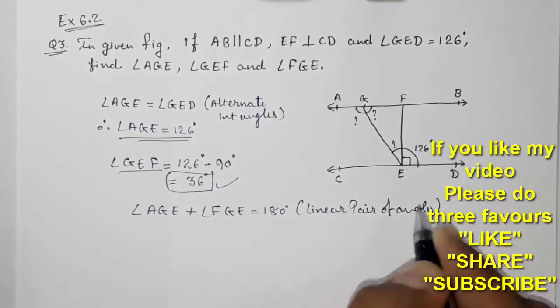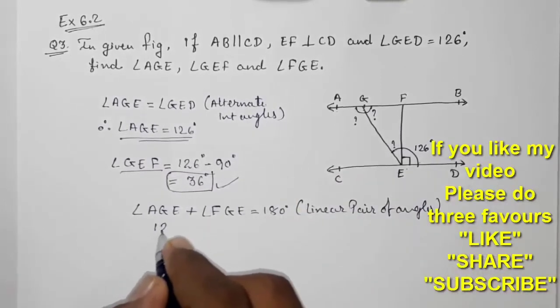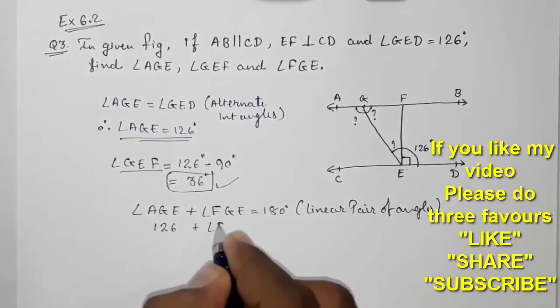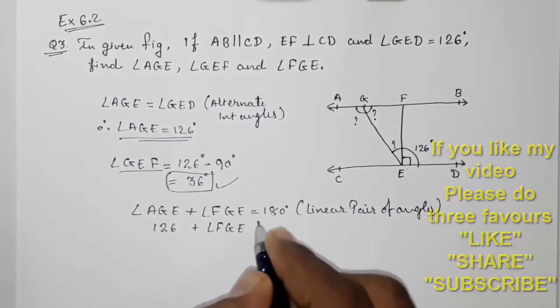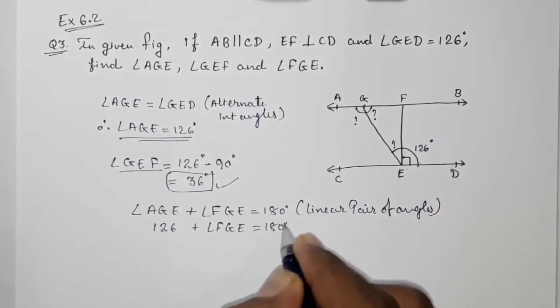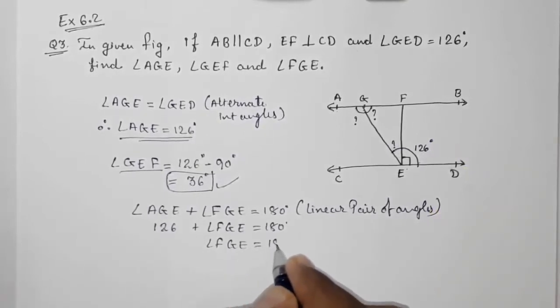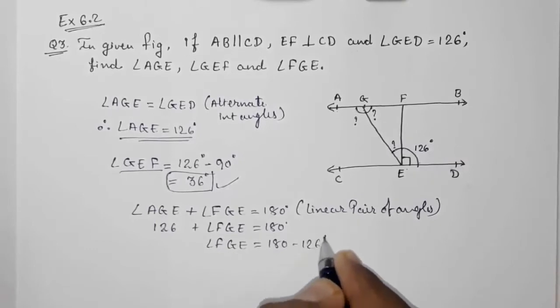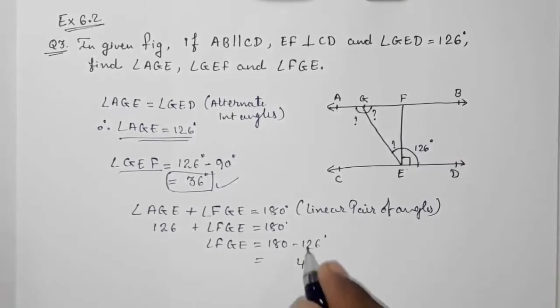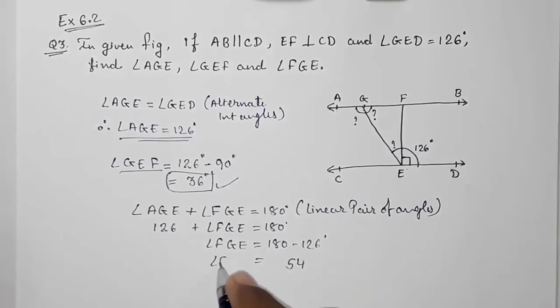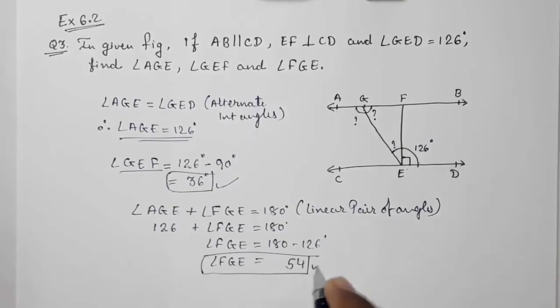Now we are going to put the values. 126 plus angle FGE is equal to 180 degrees. Now take this 126 to that side, 180 minus 126 degrees, so that will be 54 degrees. Angle FGE is equal to 54 degrees.